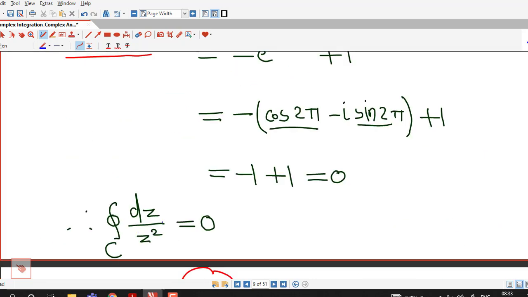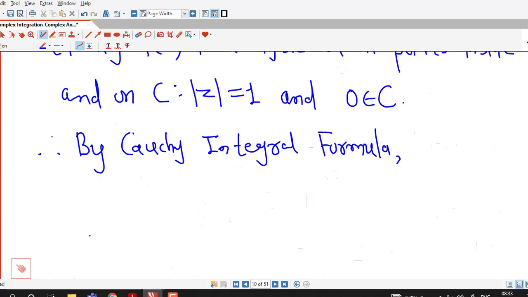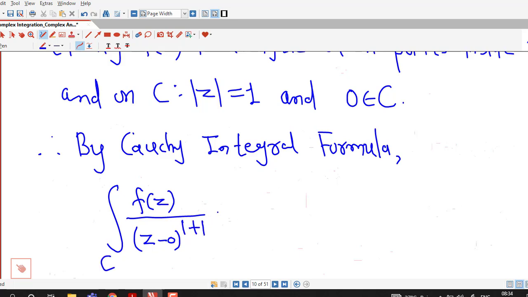Now here we have z square, so we can write it in this way: integral of f of z divided by z minus 0 to the power 1 plus 1 over the circle mod z equal to 1. This is equal to 2 pi i divided by n factorial. Now if we compare this with n plus 1, then we have n equal to 1.